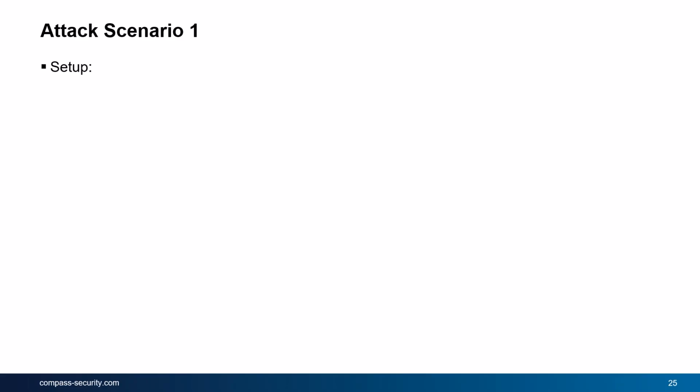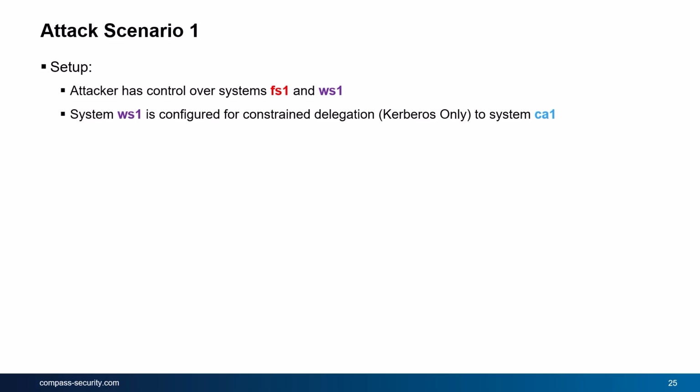Now, we will be looking at two different attack setups in our lab environment. The first setup is essentially exactly what we've seen on the slide before. We as an attacker control two systems, in our case specifically systems FS1 and WS1. There's already a constrained delegation in Kerberos only mode configured.